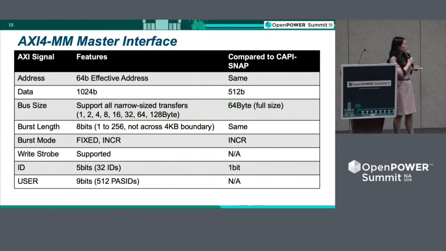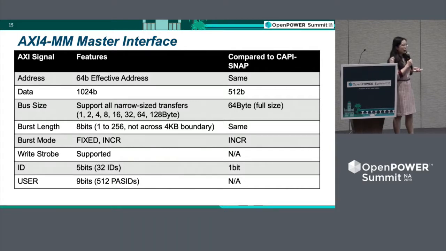So let's see the AXI features here. First, the address is the same, 64 bits effective address. For the data, the OC-Accel has increased from 512 bits to 1024 bits. For the data bus size, 1024 bits means 128 bytes.